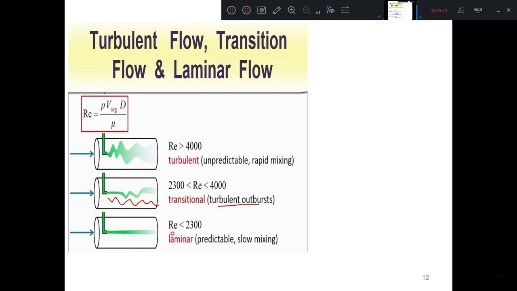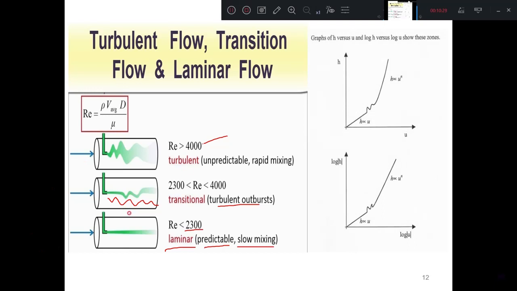If the Reynolds number is less than 2000, that state is a predictable, slow mixing, and that is called laminar flow. So if the Reynolds number is less than 2000, it is laminar flow. If it is more than 4000, it is turbulent flow, and if it is between 2000 and 4000, it is called a transitional state, transitional flow or turbulent outburst.